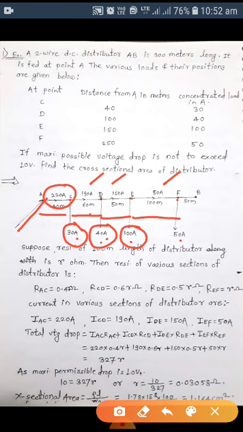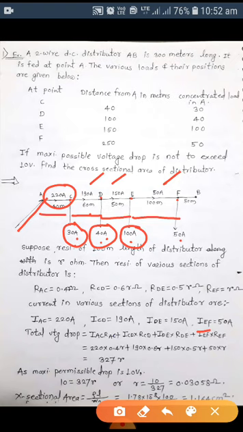Resistance RCD equal to 0.6 R ohm, because it has the length of 60 meter. For section DE, length is 50 meter, therefore resistance is 0.5 R ohm. For section EF, resistance is R ohm because it has the length 100 meter.